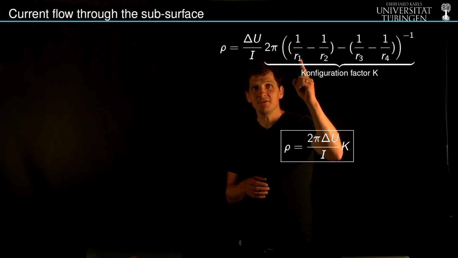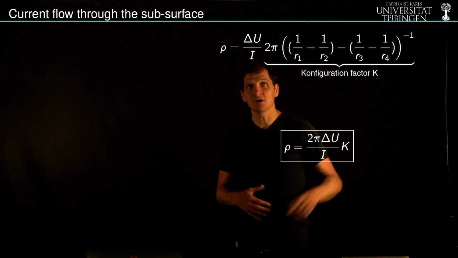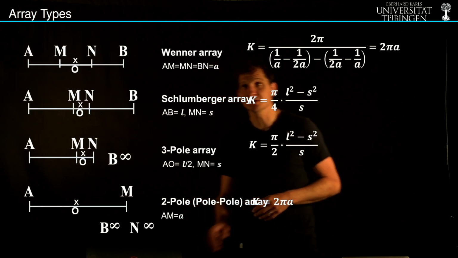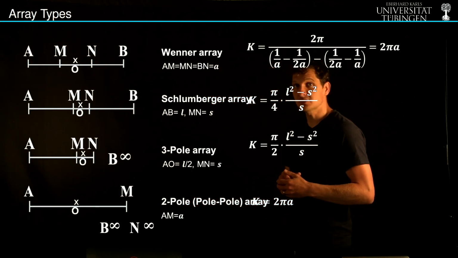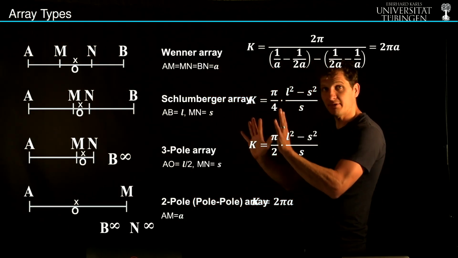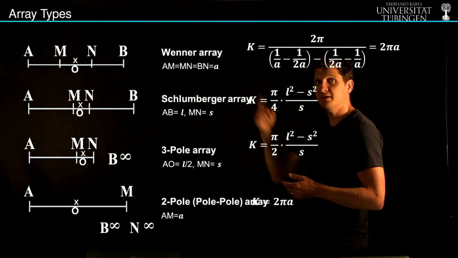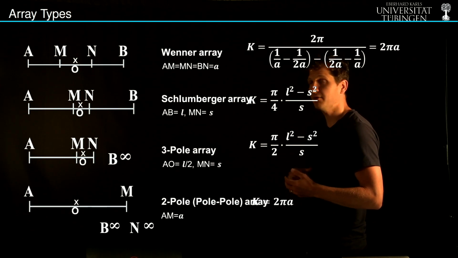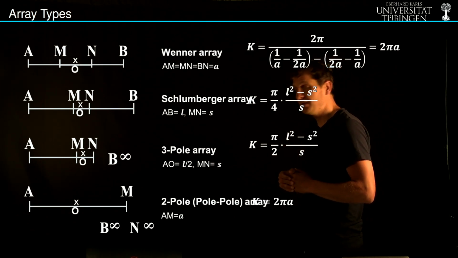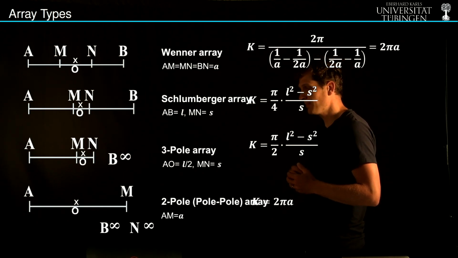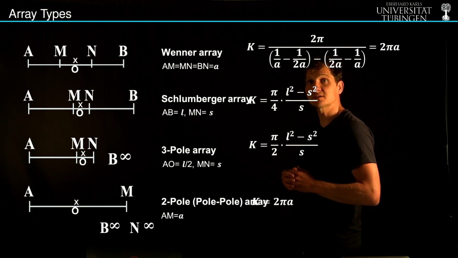So having all these R1s and R2s, R3s and R4s gives us loads of options to position the electrodes at the surface. And there are 2 very famous array types which I suggest you remember. One is the Wenner array and the other one is the Schlumberger array. Both of those people have heavily helped in developing the resistivity method in the beginning of the 1900s, I believe.